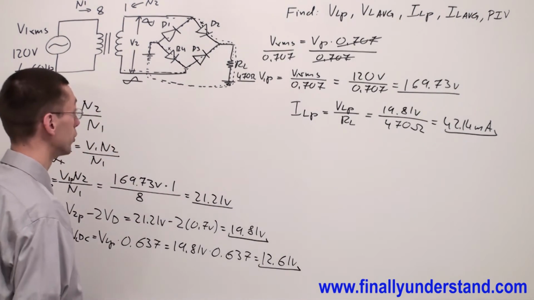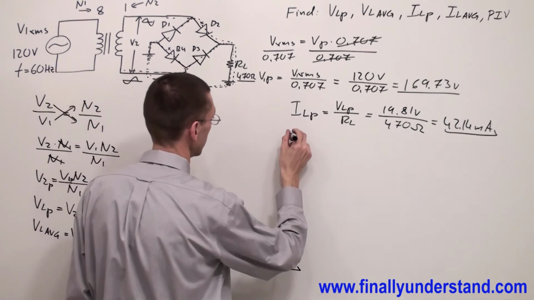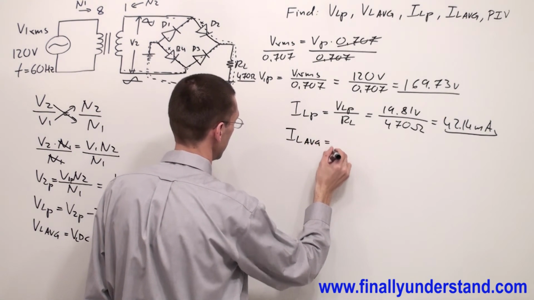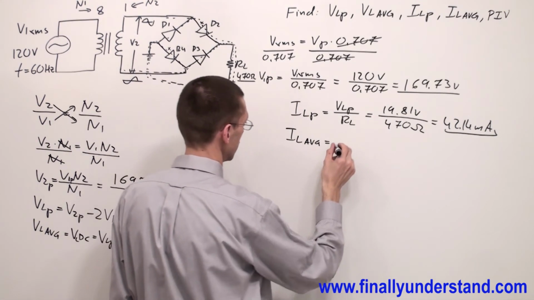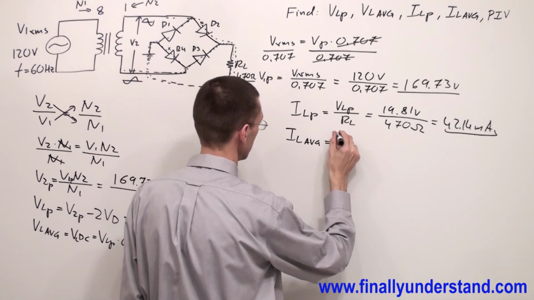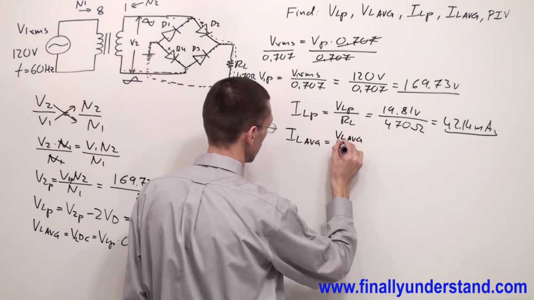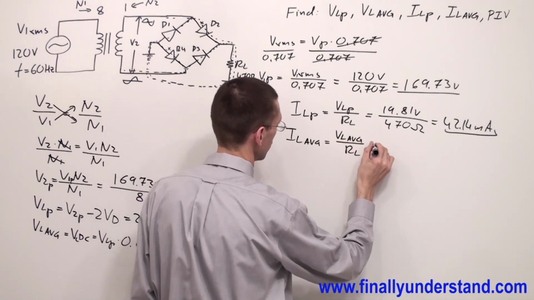Next, we're supposed to find IL average. IL average you can find by using Ohm's law, which is VL average over RL.